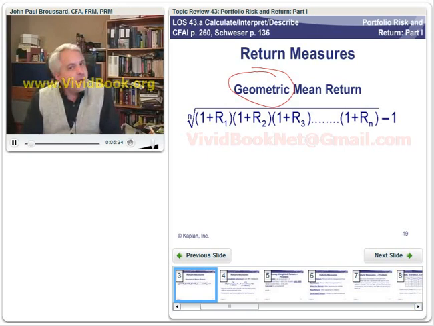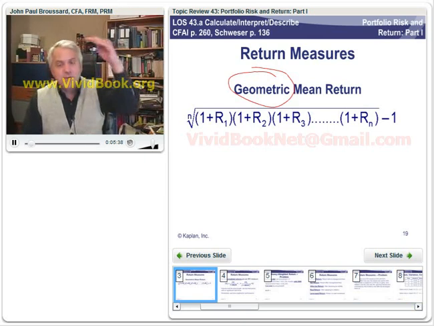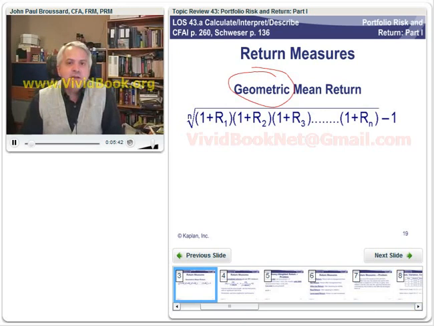Whereas the arithmetic mean is a summation divided by how many observations you have. The geometric mean is a product of your returns taken to the nth root. Okay? It's a product of returns taken to the nth root.